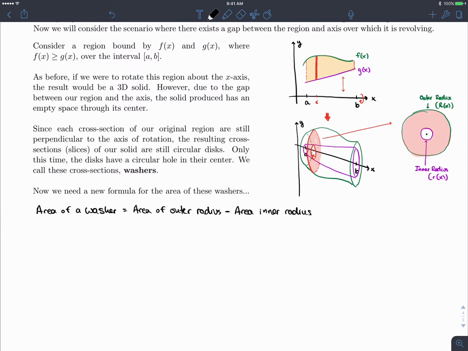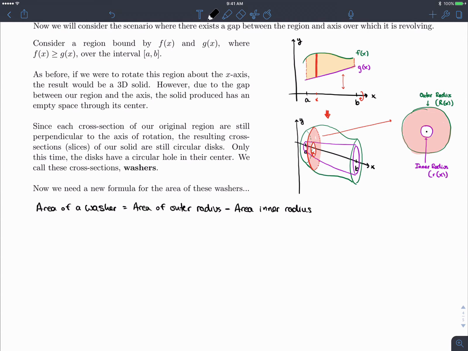That gives us the full area of the washer. So it's just a matter of subtracting. If we consider A as a surface area as a function of x, it's going to be pi times the outer radius squared, just like the disk method, except we subtract the area of that inner disk, pi times little r of x squared.